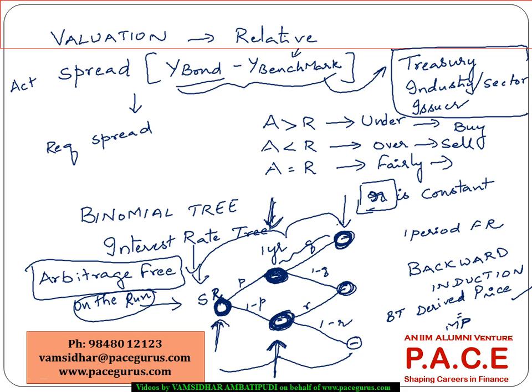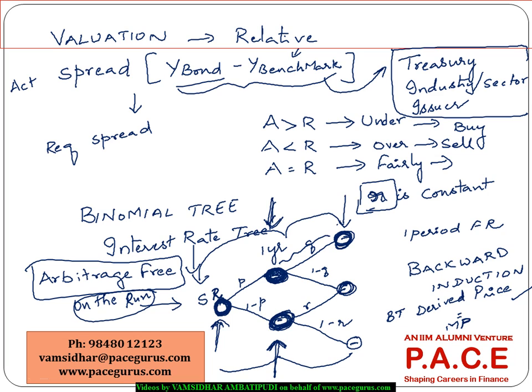But for our understanding, we should be comfortable with how this is generated by considering the various on the run securities and making sure that when I value them, there is no scope for arbitrage. So the interest rate at which the arbitrage opportunity does not exist at all will become the interest rate at each of the nodes that are possible. That is a typical way of constructing an interest rate tree.